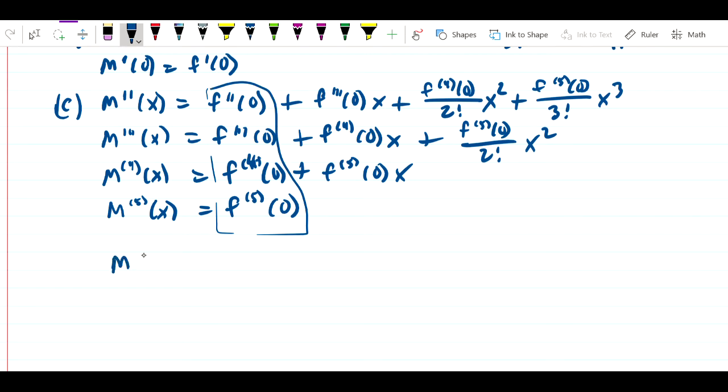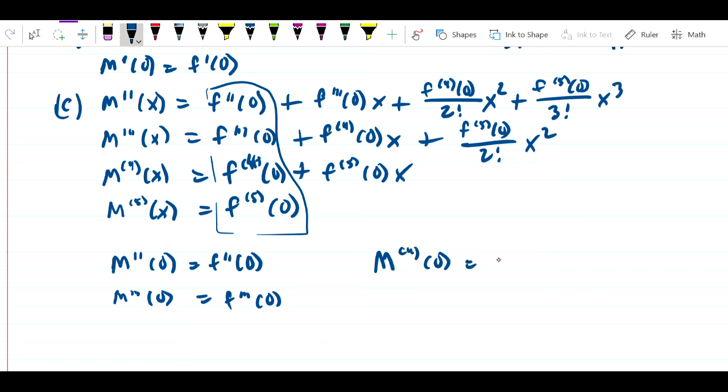So that gives me m double prime of 0 equals f double prime of 0. M triple prime of 0 equals f triple prime of 0. M4 of 0 equals f4 of 0. And m5 of 0 equals f5 of 0. There we go.